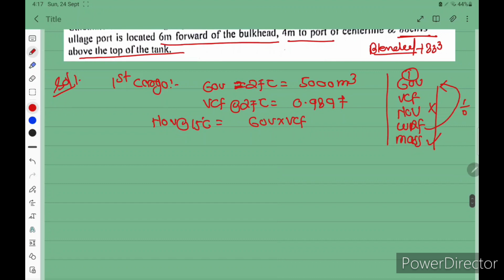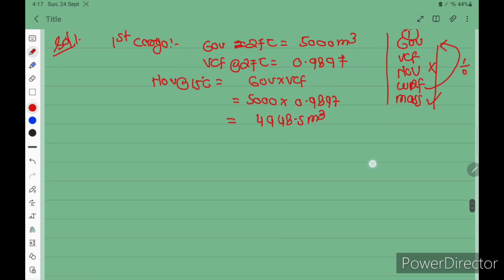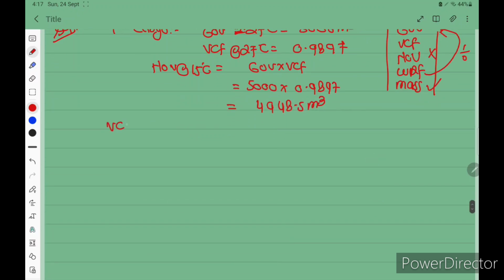Okay, so GOV into VCF is equal to 5000 into 0.9897, we get 4948.5 meter cube. Now we have to calculate VCF at 12 degrees centigrade from ASTM tables, so we get 1.0026, interpolating from the values.